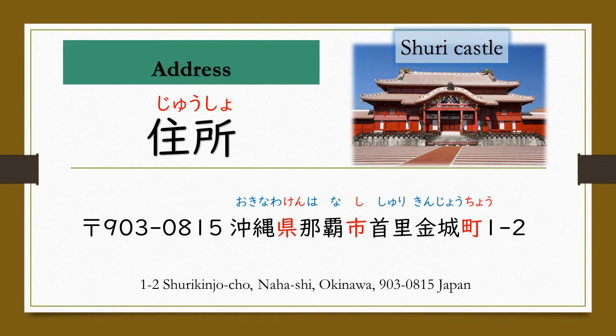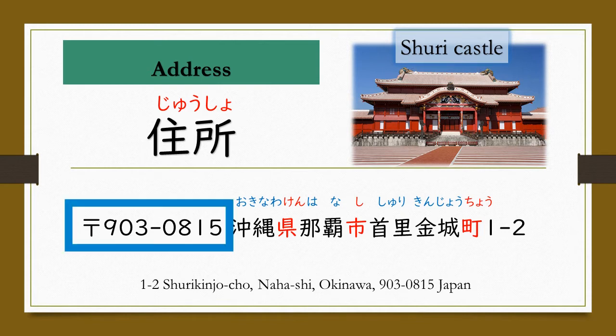This is how you say address in Japan. In 住所 in Japan, we put the big region first and then smaller and smaller. So the prefecture first, then city, then town, then street number. This is how you write 住所 in Japan. And the katakana te means zip code.